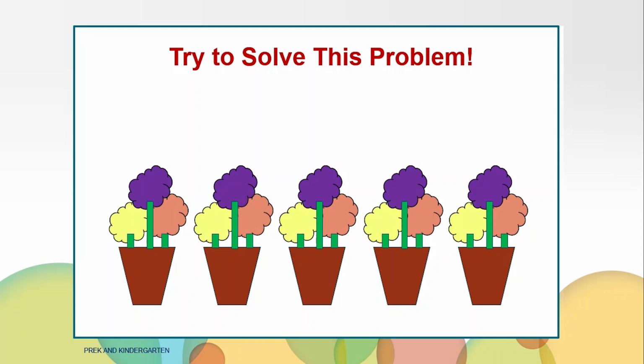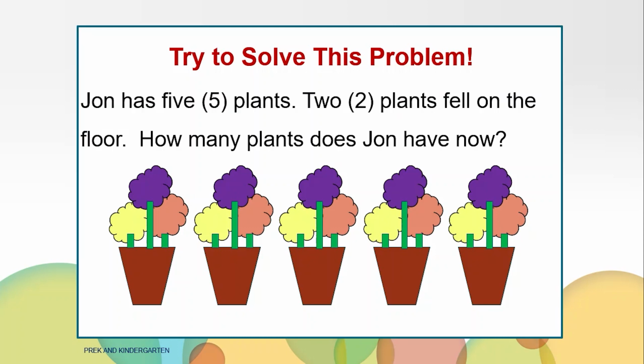Ready? Here is the problem. Picture in your mind what is happening while I read the story to you. John has 5 plants. 2 plants fell on the floor. How many plants does John have now?